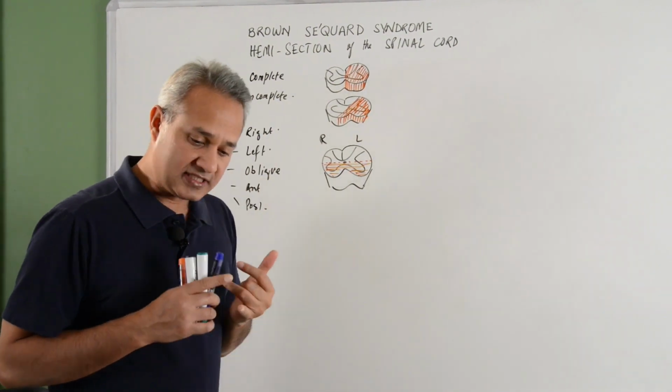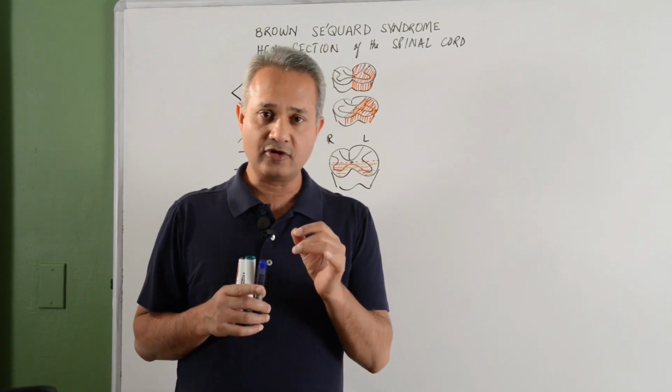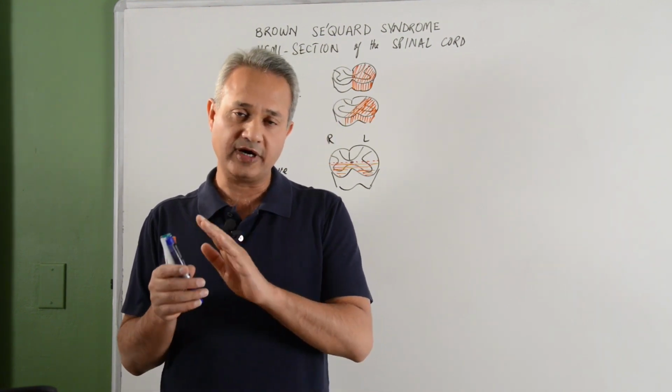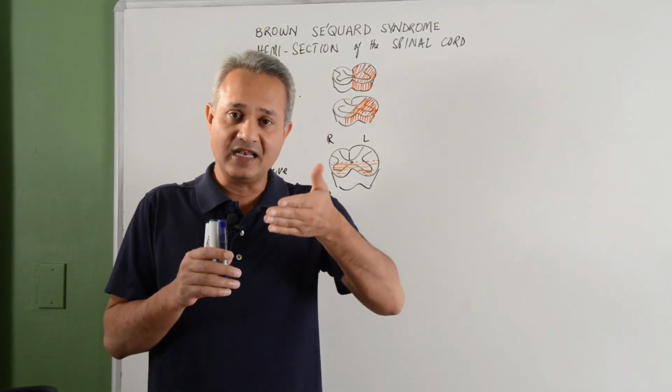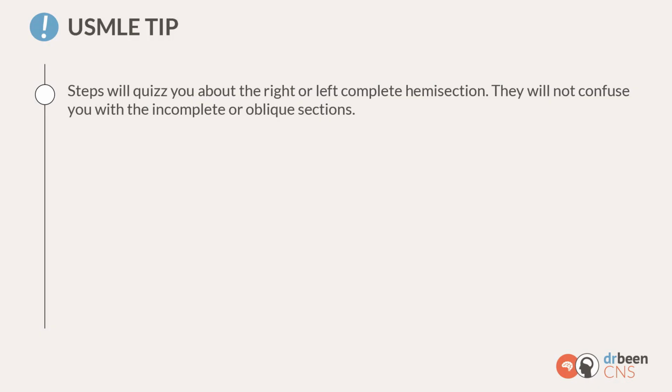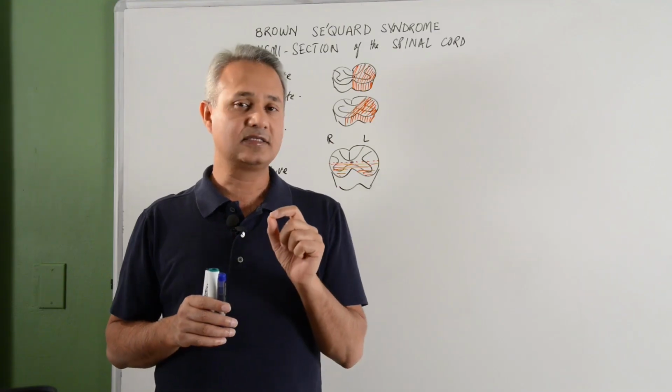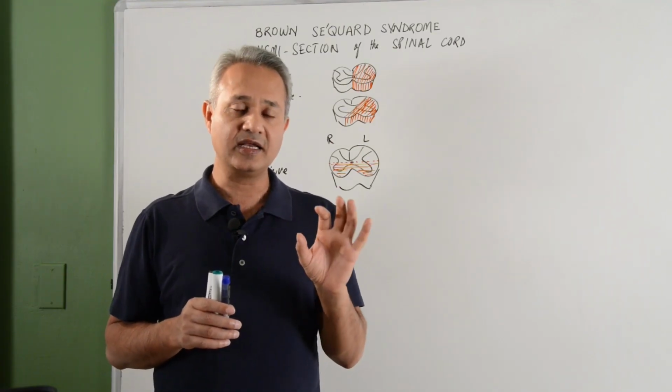Now from the USMLE point of view, they would always be looking for right or left complete clean hemisection. Now that is not possible in a clinical scenario.